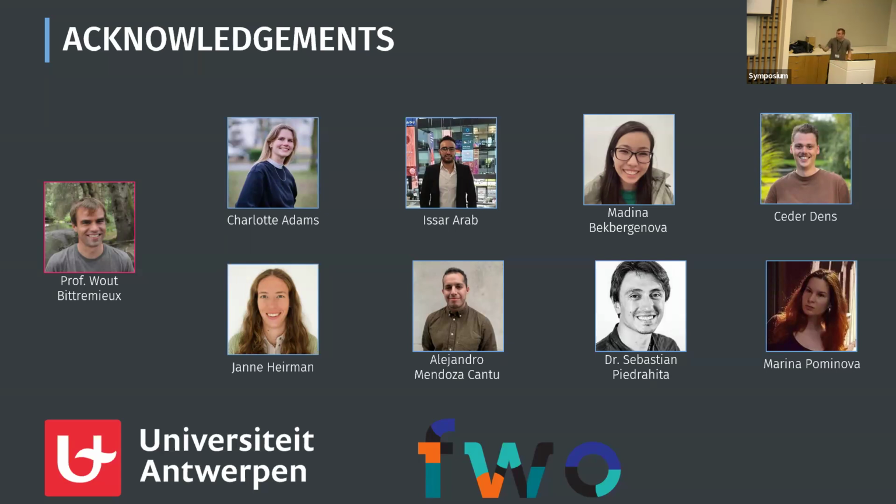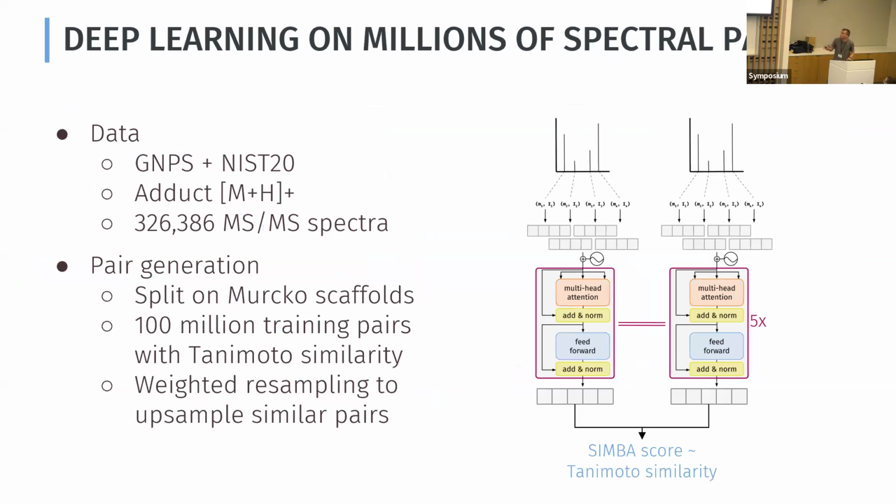But a big benefit of this is that previous approaches took your mass range, binned it, and used that vector as input. There are two ways that you can do it. Either you use very small bins to capture your high fragment m/z resolution, but then your vectors become super large, very hard to put into a neural network, and they're also very sparse, so very challenging to learn from.